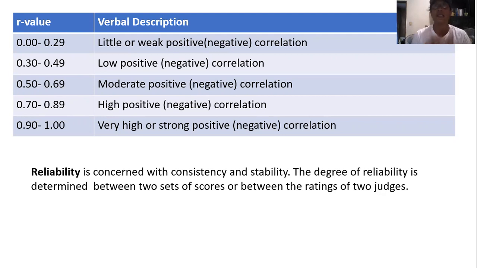If it falls on 0.30 to 0.49, it means low correlation. From 0.50 to 0.69, that's moderate correlation. 0.70 to 0.89, it's high correlation. 0.90 to 1, it means very high correlation.